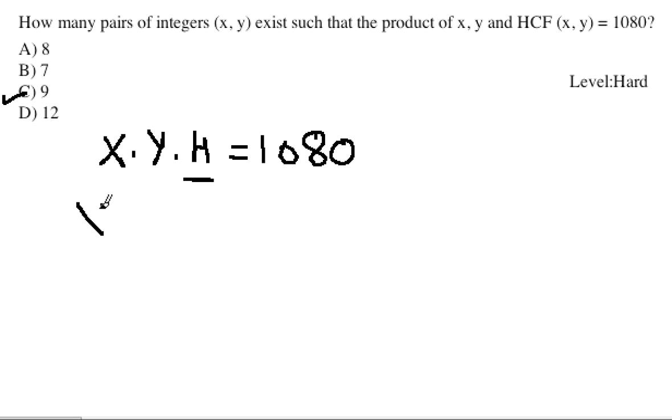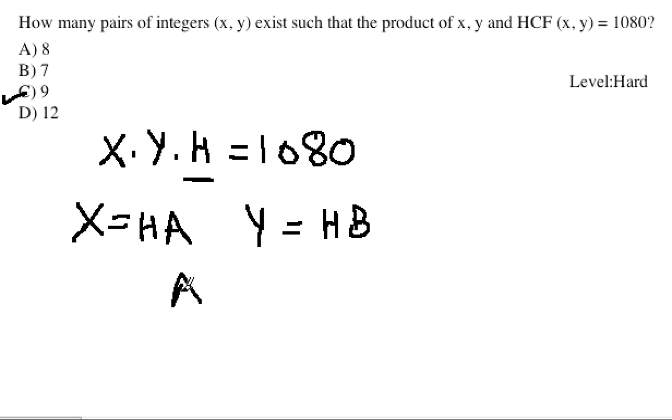So let x be h into a, for some integer a, and y be h into b for some integer b. And note that as h is the highest common factor, a and b cannot have any common factors.